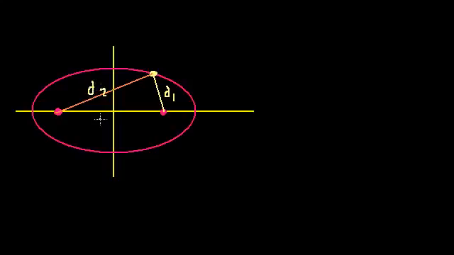This is D2. That's going to be equal to a constant number along the whole ellipse.